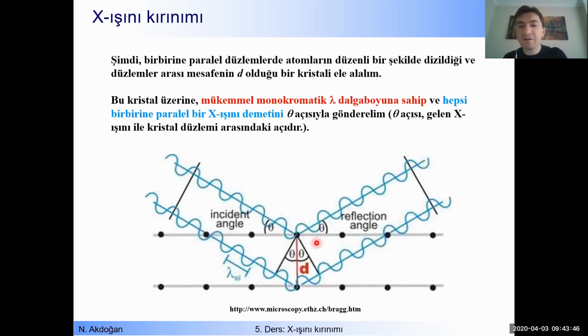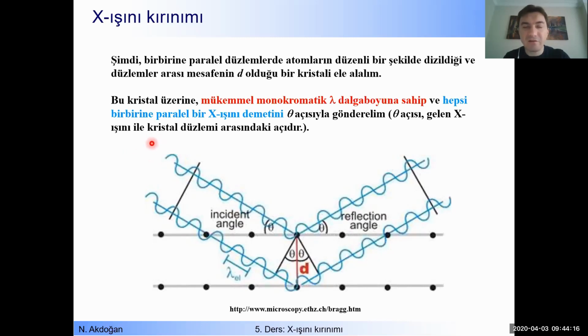Here we have a crystal, you see that? This is one atomic layer, this is another atomic layer within the crystal structure. Actually, here for just a schematic representation, we put some interval between the atoms, but in reality, the atoms are touching each other within the crystal. Okay, this is just a schematic representation.